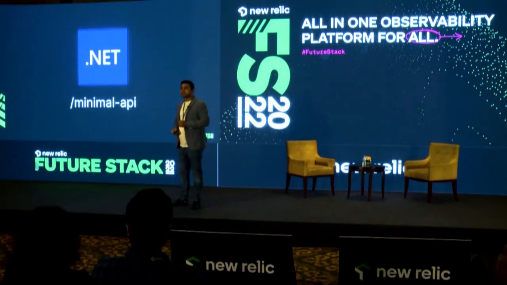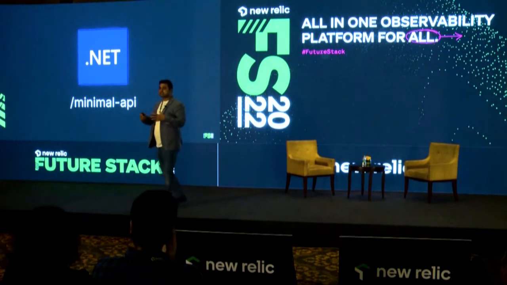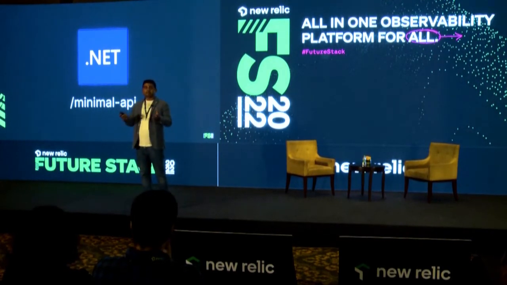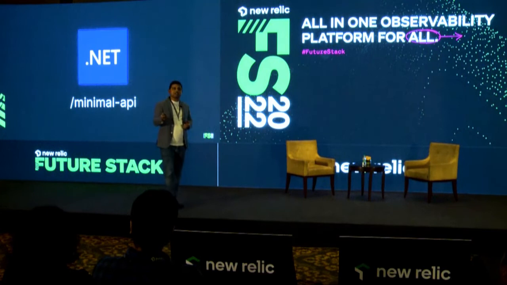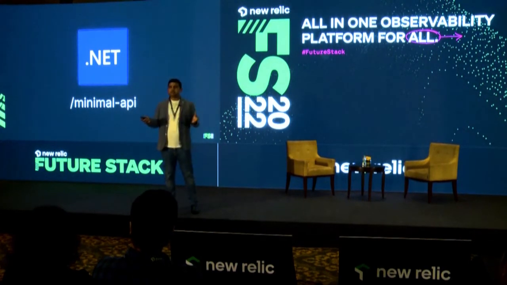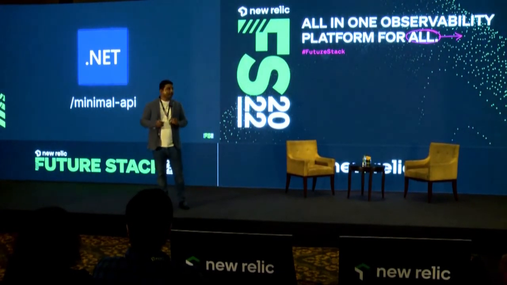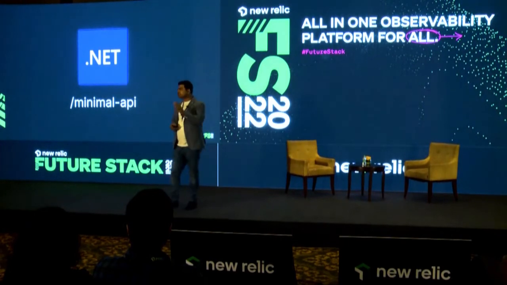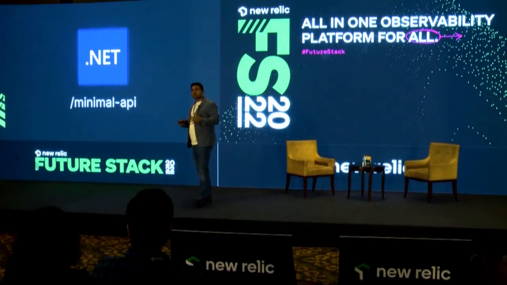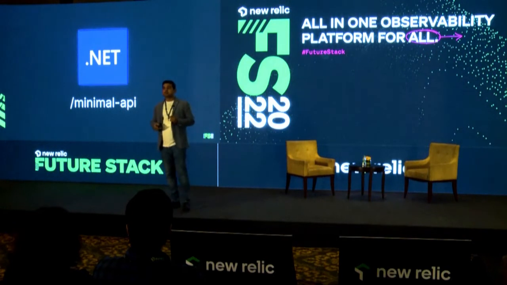What it does is it's just a simple REST API and REST endpoint which responds to an HTTP GET request with a random set of fruits. We are not going into how minimal API is written in .NET 6, but we are going to look at how to instrument that API. So we know what minimal API does. Now let's look at how we can instrument it using OpenTelemetry.